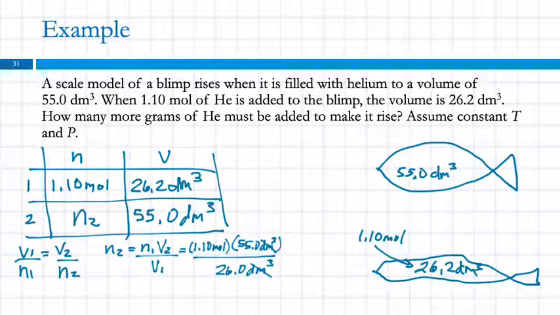Bye-bye. 1.1 times 55, divided by 26.2. So N2 equals 2.3269 moles. It's not the answer yet. This is the amount of gas in moles when it's floating. So up here we've got 2.33 moles.